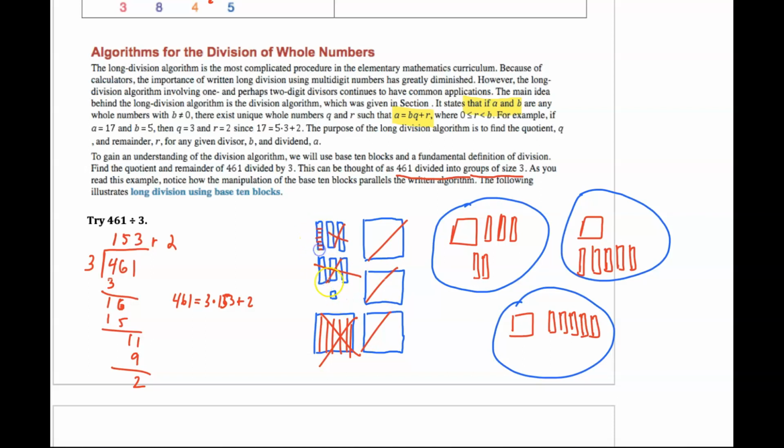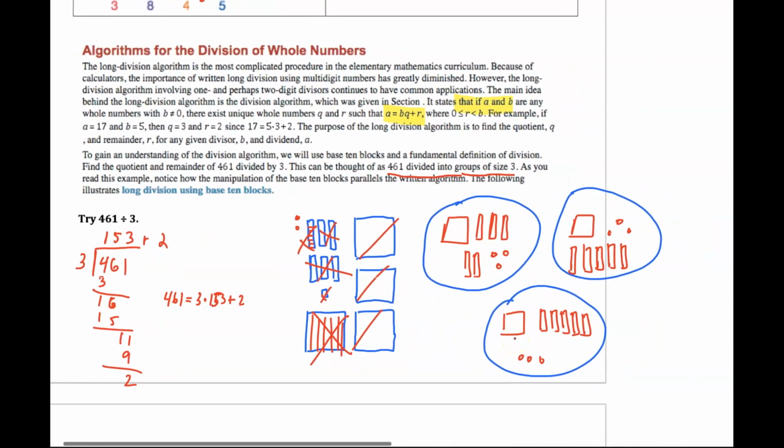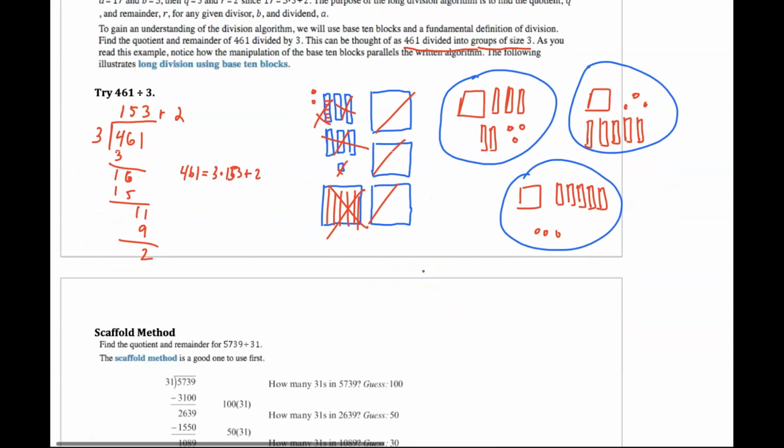Now you have 11. How can I break 11 into 3 groups? That means each group gets 3. Each group is getting 3, and then what you end up with is these 2 left over here, and that's your remainder 2. And that's really what the division algorithm's doing. When we do this here, that's how it's being broken down.